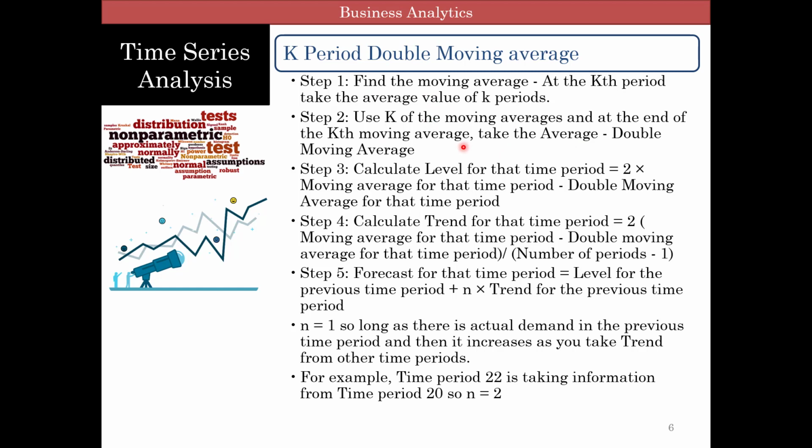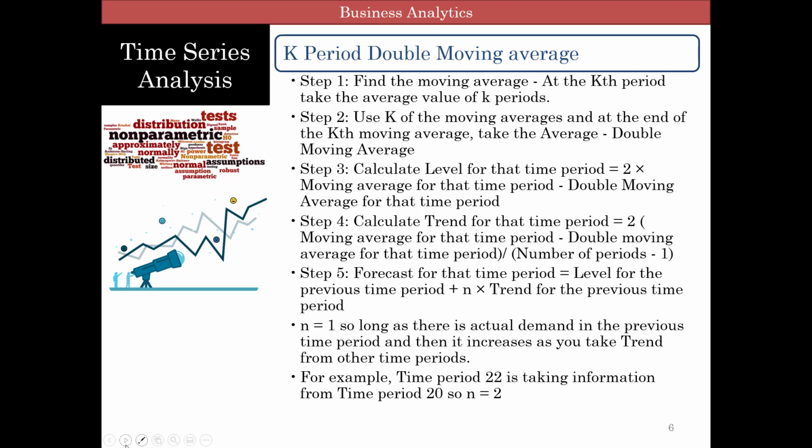And I'll show it to you in Excel. So here are the 5 steps you've got to follow. Step 3, you calculate level, you calculate trend, there's a formula, and then you calculate the forecast. So let's do this in Excel, and I can walk you through this process step by step.